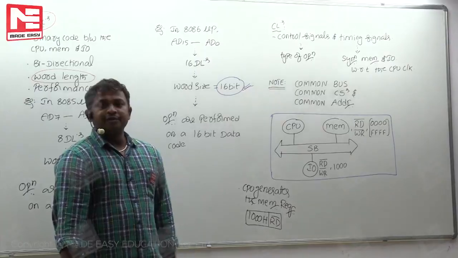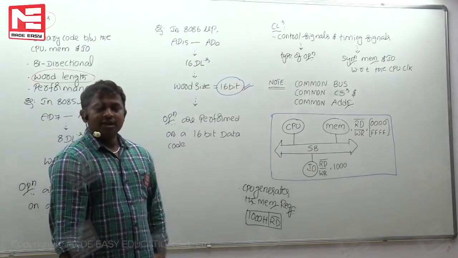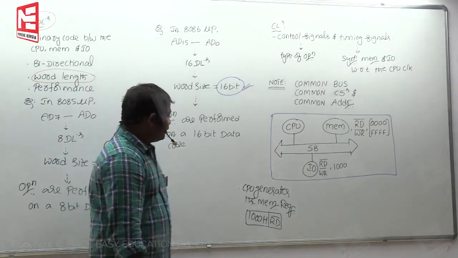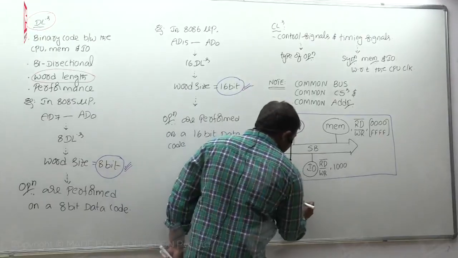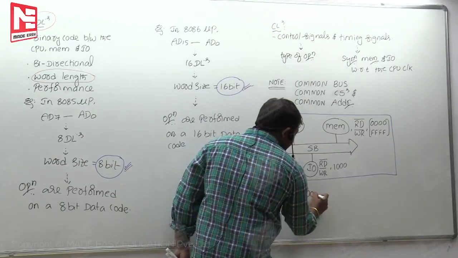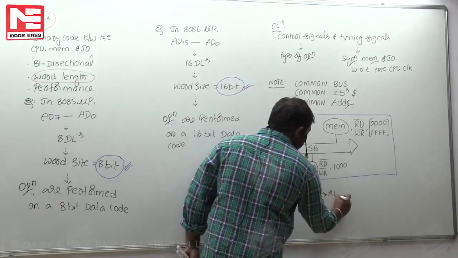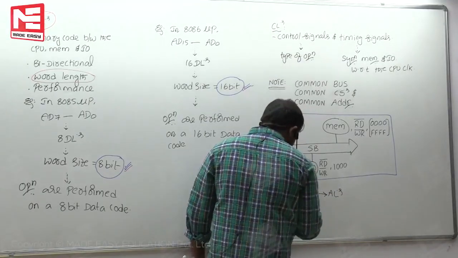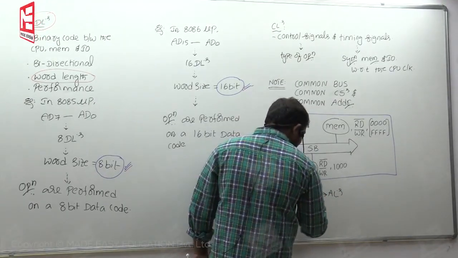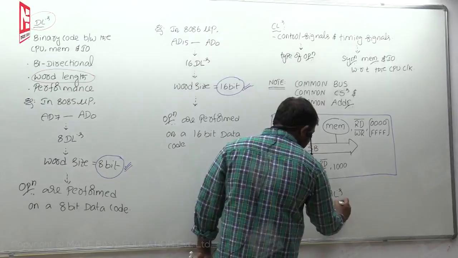The CPU is going to perform the read operation. That's what a memory request is. Now here, 1000 is an address placed on the address lines. RD bar is a control signal placed on the control lines.